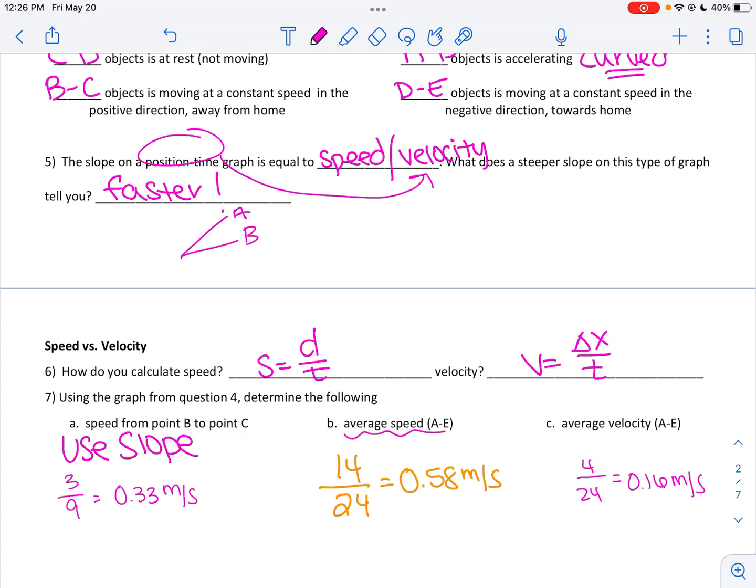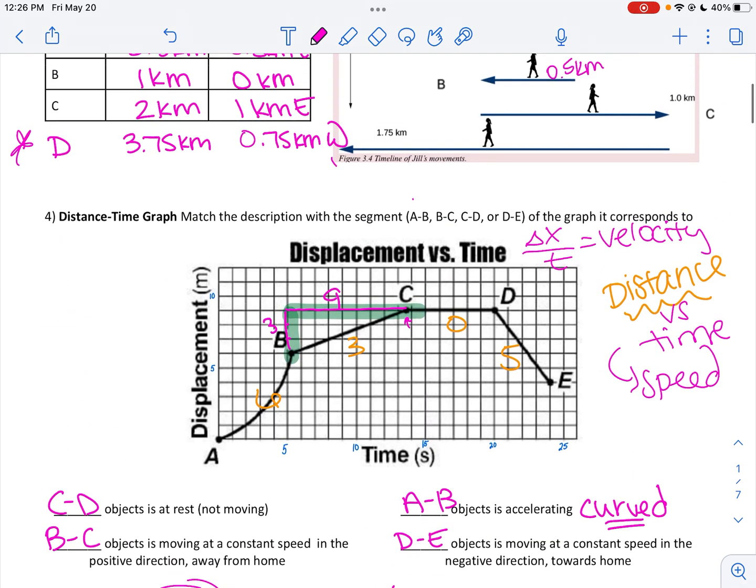For average speed over the whole trip, I need to take the total distance divided by the total time in order to get speed. So I figured it out segment by segment by looking over here at the displacement and saying, well, I started at 0 meters and now I'm at 6 meters. So I walked 6 meters.